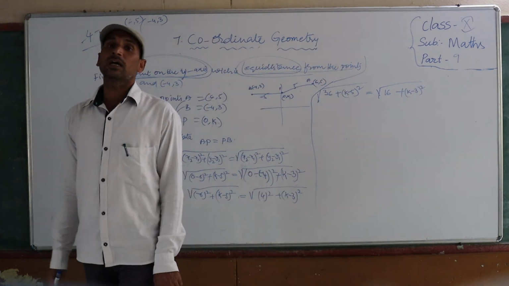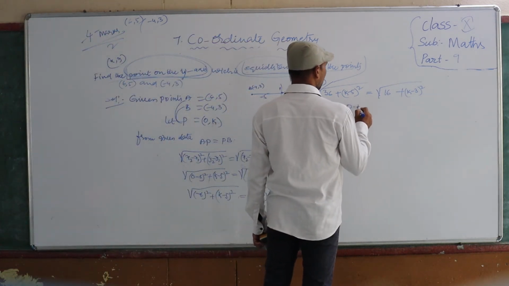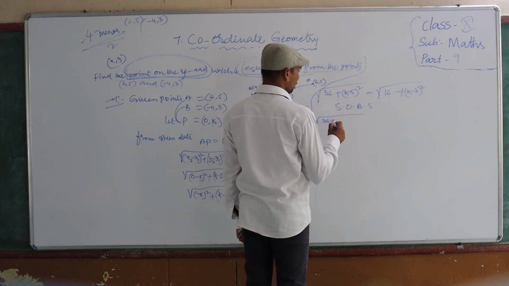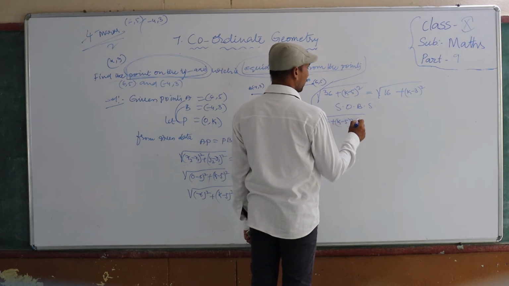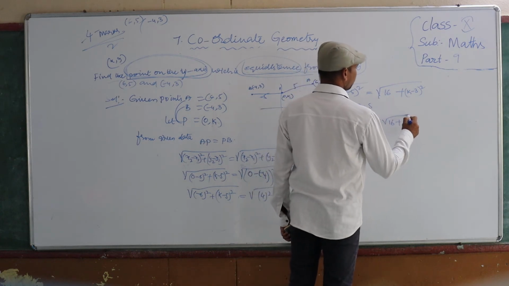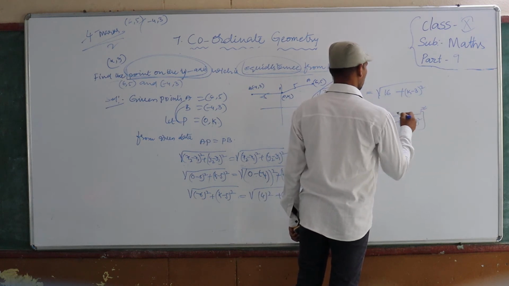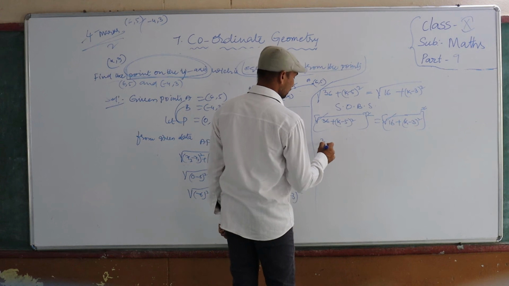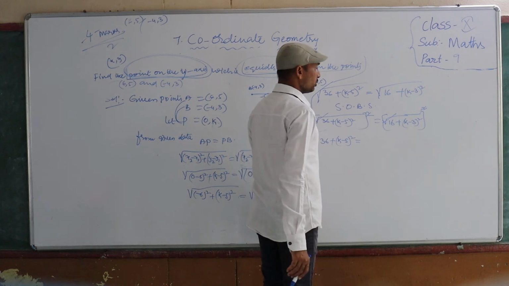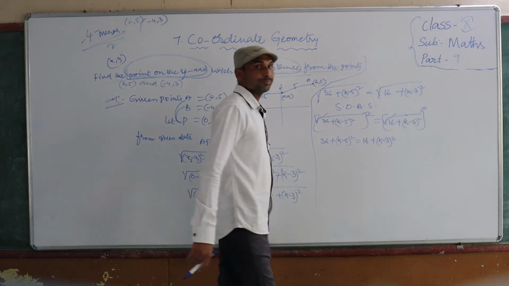Now here we are getting square roots. To get them cancelled, again we have to do squaring on both sides. The square roots cancel. 36 plus (k minus 5) whole square is equal to 16 plus (k minus 3) whole square.